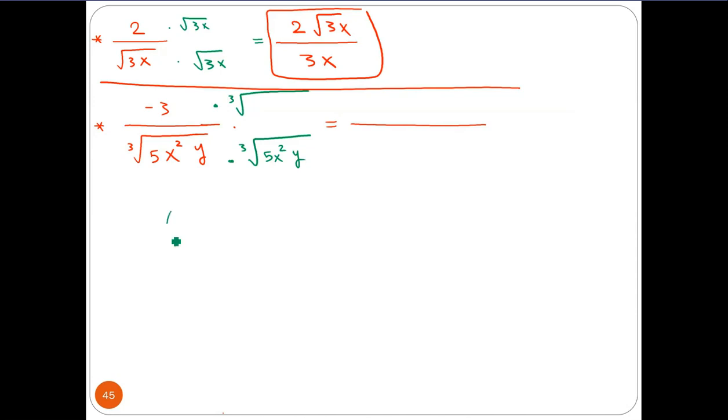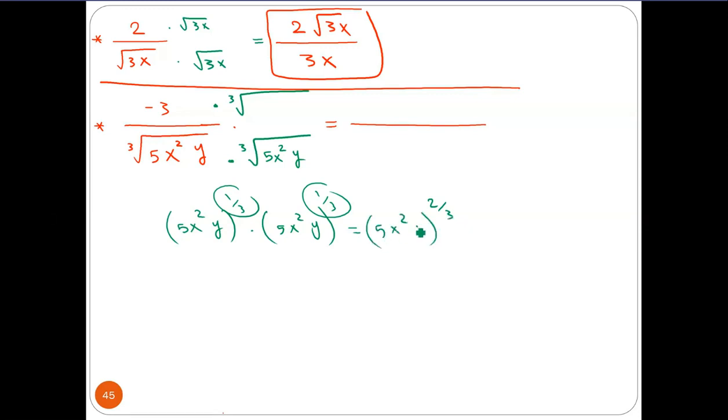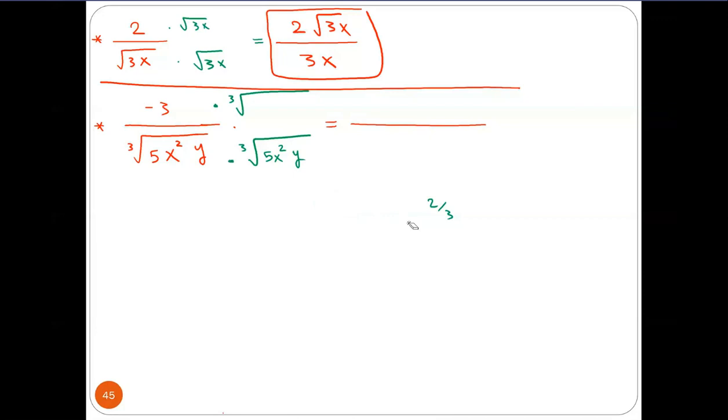خلينا نضرب 5x سكوير في y to the power 1/3. 1 over 3 زائد 1 over 3 يعني بيصير 2 over 3، ما راح. إذا شو نسوي؟ نسوي التالي. صحيح هو نفس درجة الجذر نخليها cube roots, but we have here 5 to the power 1, must be here to the power 2.